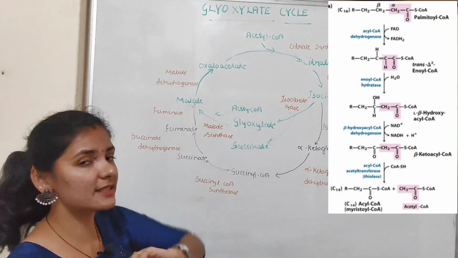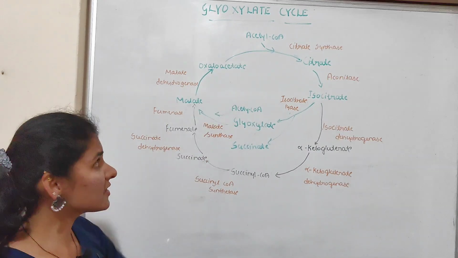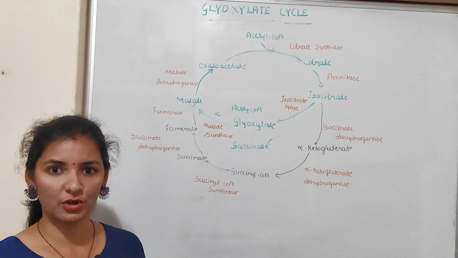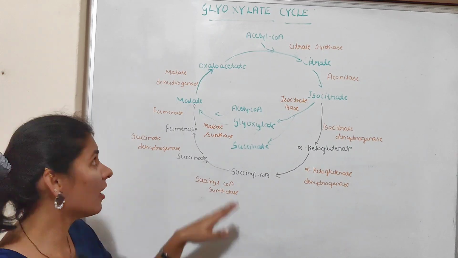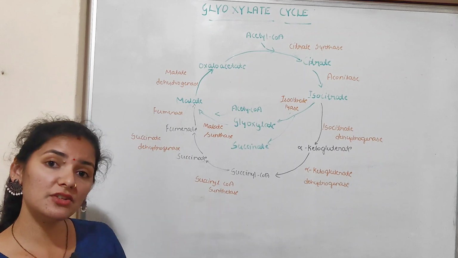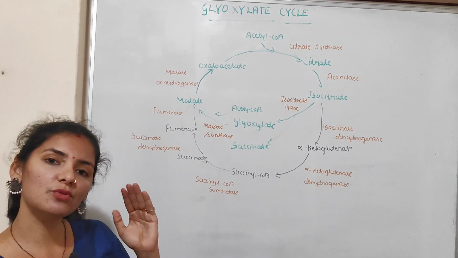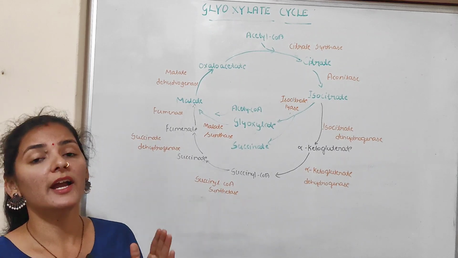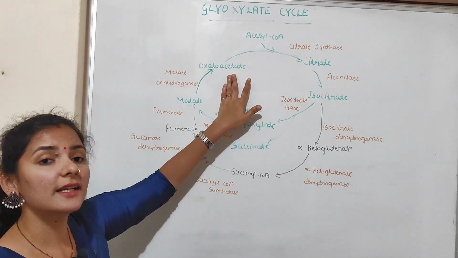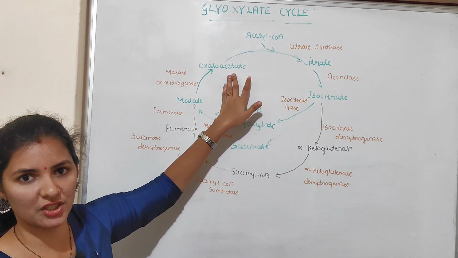So that is about the acetyl-CoA. If we talk about oxaloacetate, this oxaloacetate is actually from the mitochondria. So from the mitochondria, oxaloacetate enters the glyoxysome. During the entry of oxaloacetate from mitochondria to glyoxysome, it will be converted into aspartate, because oxaloacetate cannot cross the mitochondrial membrane.